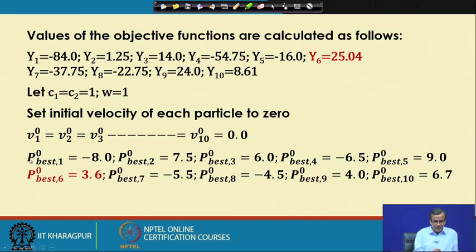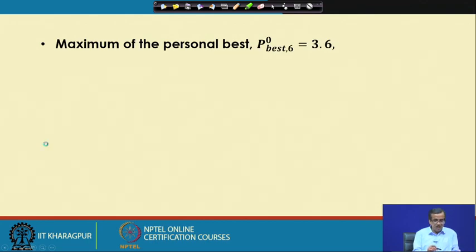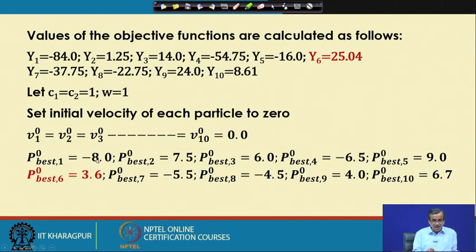Now, corresponding to the location 1, the variable 1, that is pbest1 corresponding to iteration 0, we assign that as the best, because that is the starting value, -8.0.